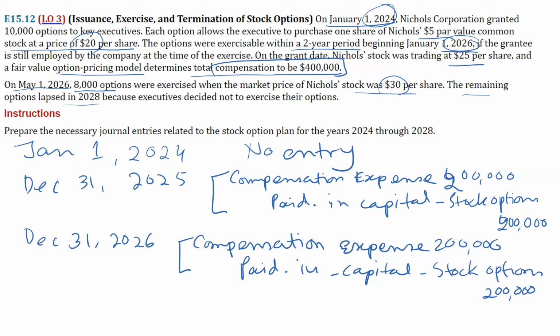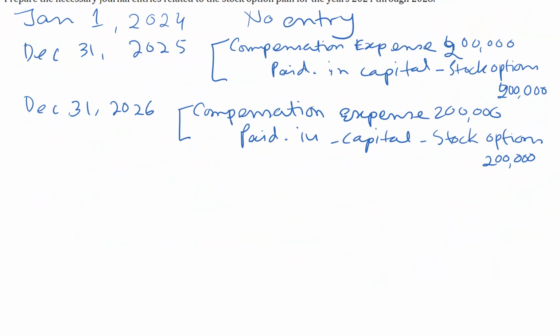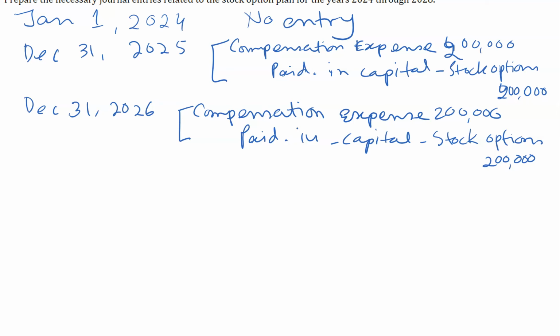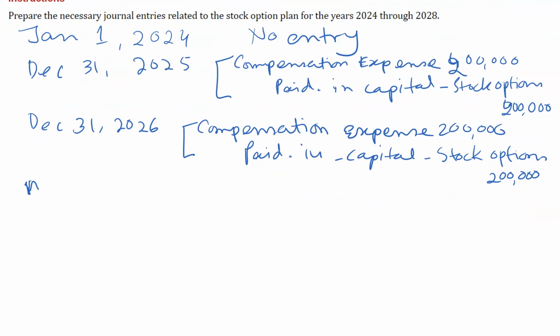Option exercise means employees purchase the shares at $20 per share. So how can we record it? The employees will receive those stocks and the company will receive the cash. So the next entry will be on May 1st, 2026. Sorry, the earlier entries were 2024 and 2025.